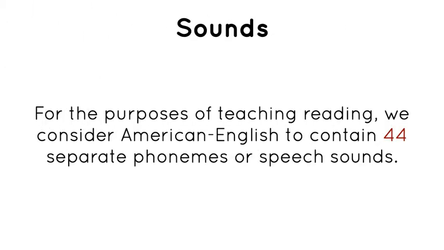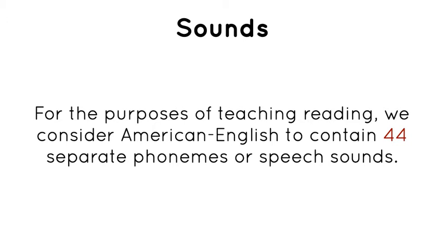So when we're thinking about sounds, for the purposes of teaching reading, a simplified version is that American English contains 44 separate phonemes or speech sounds that are combined to create words that are different from one another.